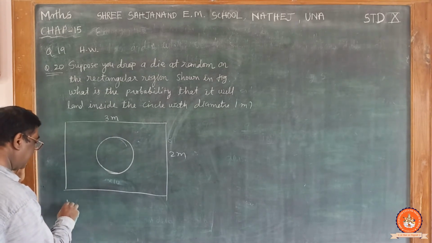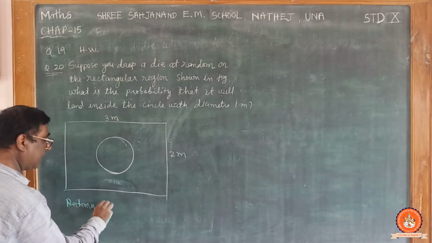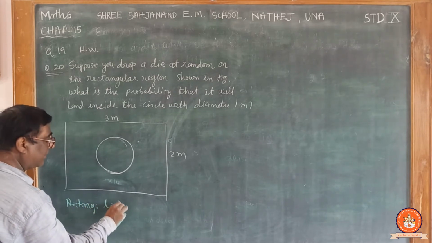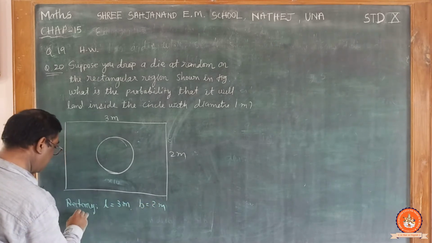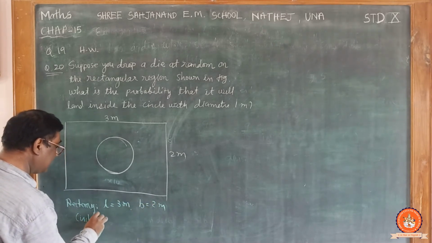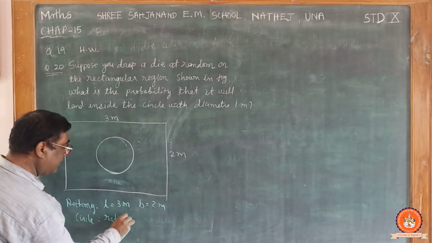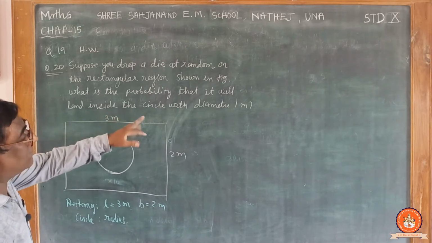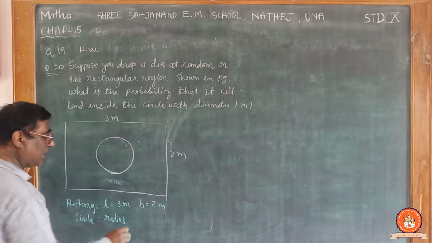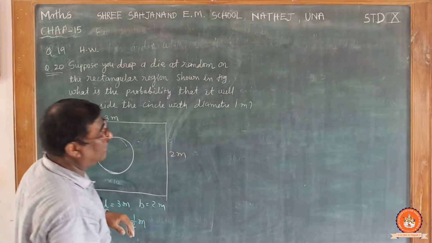So for the rectangle, the length is 3 meter, the breadth is 2 meter, and for the circle we want the radius. See, the circle with diameter 1 meter, so the radius will be half meter.